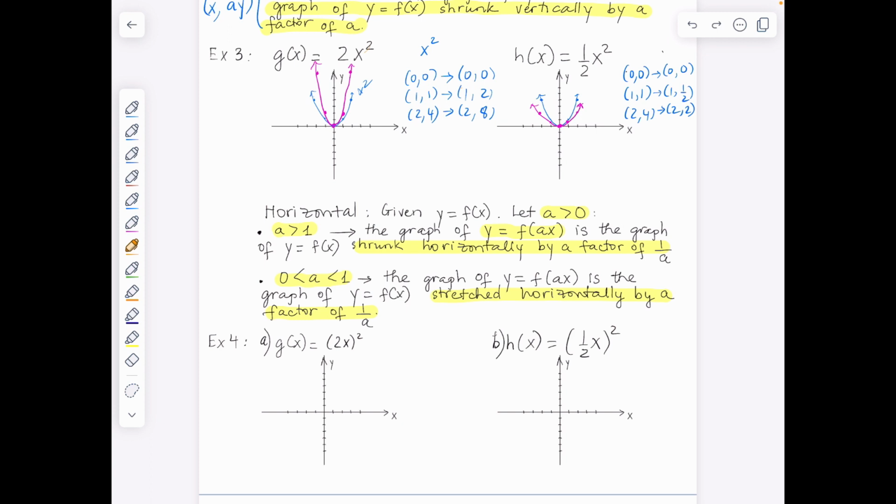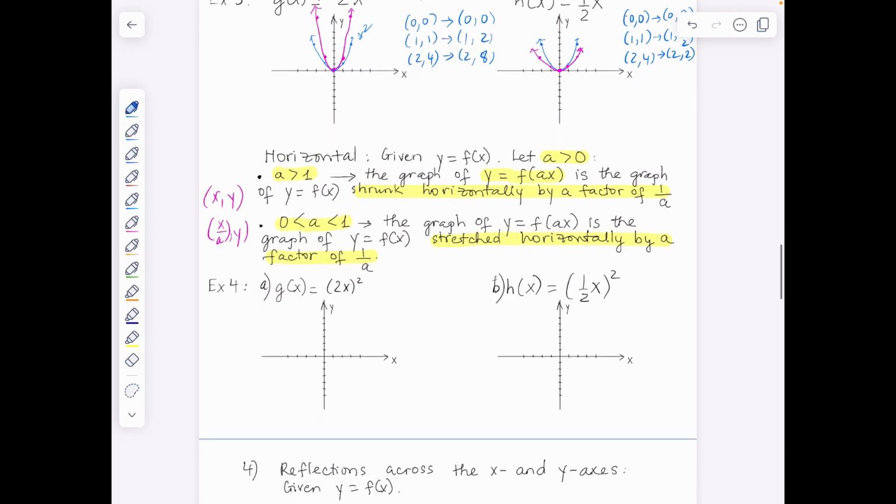So when you transform points, here's what you're going to do. You will transform point x, y to, you'll keep y the same, and for x, you are going to divide it by the constant a. So let's again use the same points that we've been using, 0, 0, 1, 1, and 2, 4.